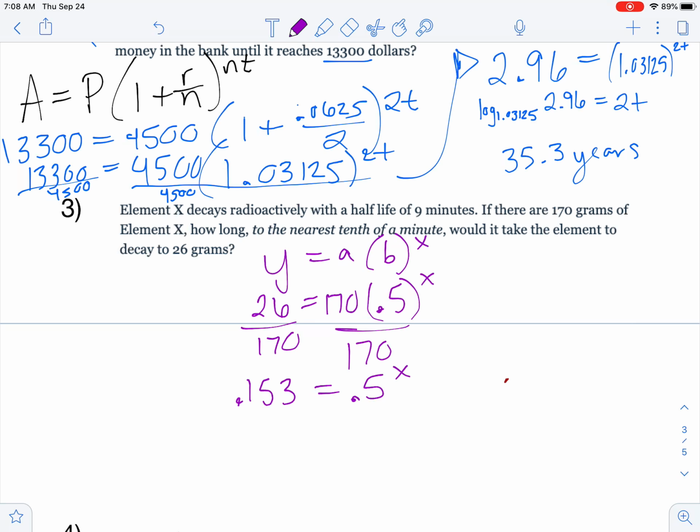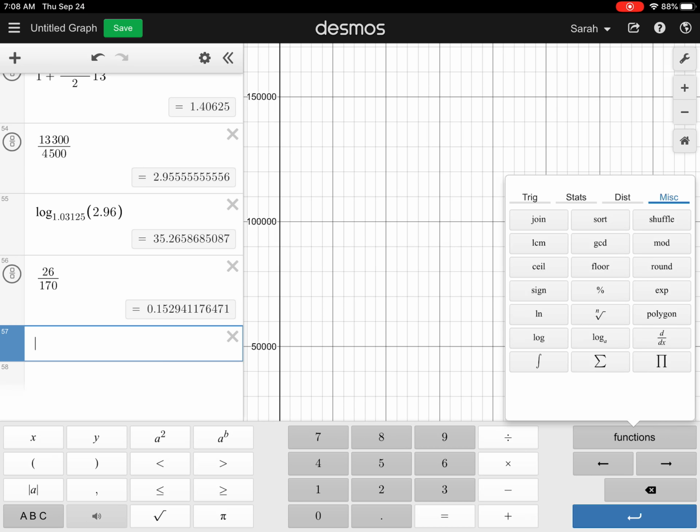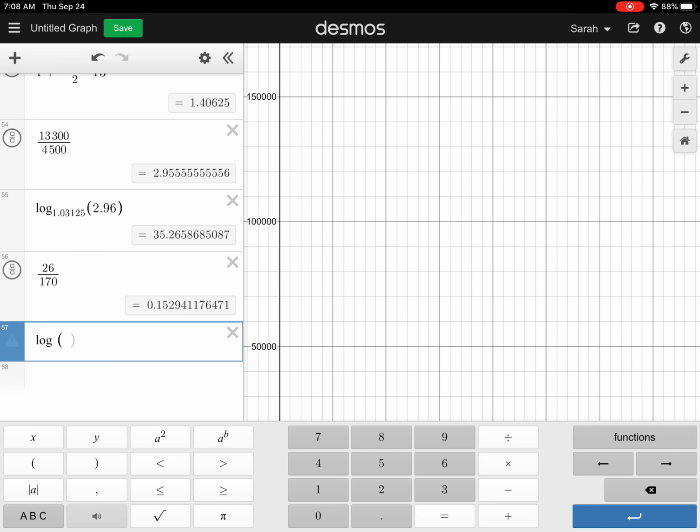And now we're going to take it into a logarithm. Log base 0.5. So all these logarithms will have a base of 0.5, or a half, for half-life.